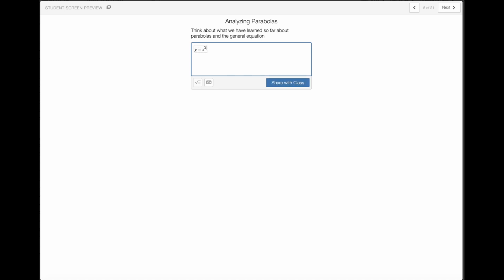We know our parent function was this, but our transformation function, you can click on this, a(x - h)^2 + k. Okay, make sure you click share with the class. If there is a mistake, you can always click on edit my response so that you can change your response.